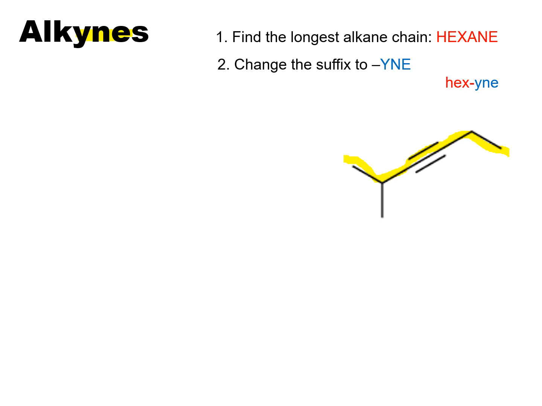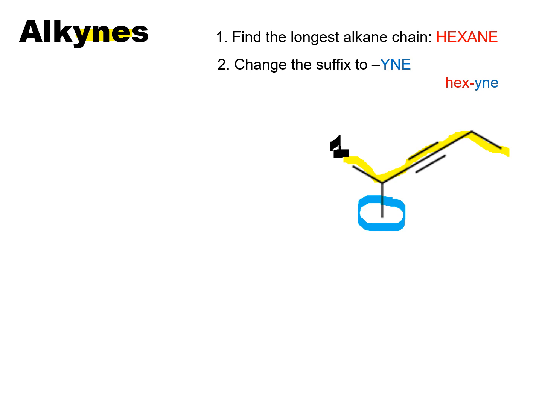Then we need to specify the location of the triple bond. So we have 2 potentially starting points. We could start numerating from here, or we could start numerating from the other hand, right? We are going to pick this as origin of numeration because we have a substituent that is a methyl here. So by starting from that position, the triple bond will start at carbon 3, and the substituent would be in 2.